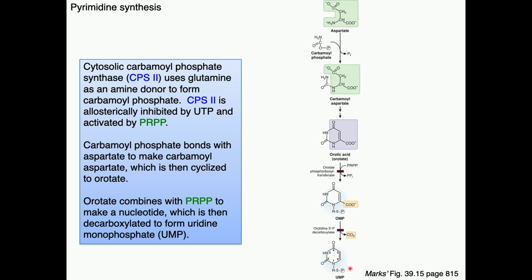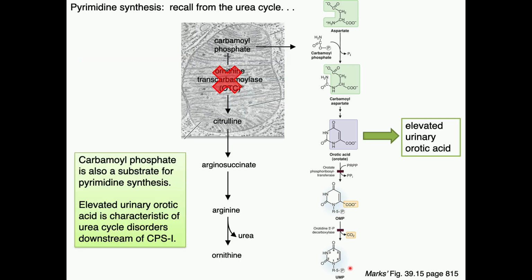Okay, so this pathway, if you recall from the urea cycle, this is where that carbamoyl phosphate from the urea cycle can impinge on the pyrimidine synthesis pathway and result in orotic acid increase. Okay, so if we have, for example, an OTC deficiency, carbamoyl phosphate from the mitochondrial urea cycle spills out into the cytosol and can be a substrate for pyrimidine synthesis.